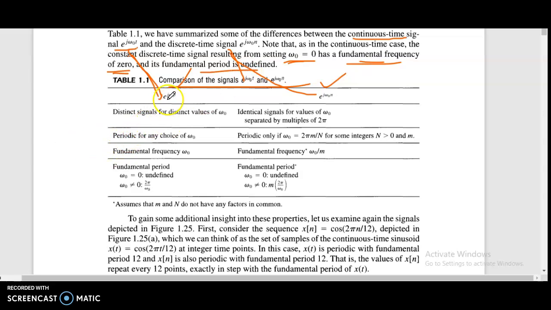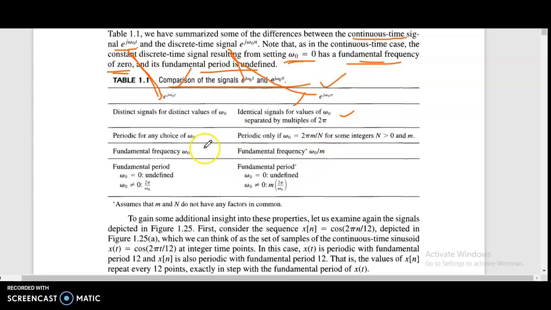In continuous time, we have distinct signals for distinct values of ω₀. In the discrete-time signal e^(jω₀n), we have identical signals for values of ω₀ separated by multiples of 2π.